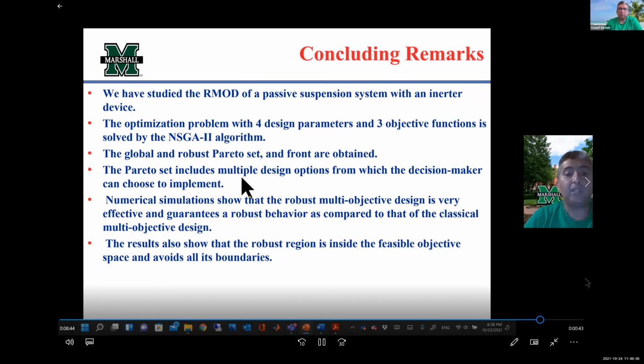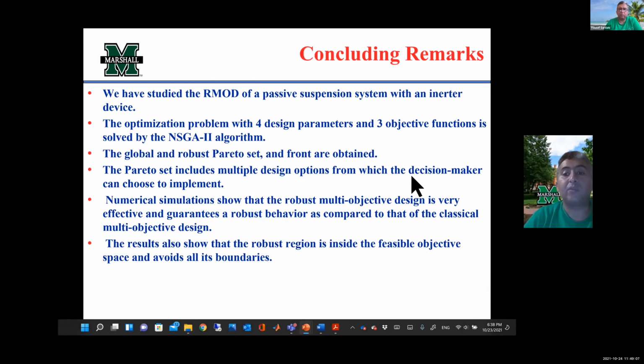The Pareto set includes multiple design options from which the decision maker can choose to implement. Numerical solutions show that the robust multi-objective design is very effective and guarantees a robust behavior as compared to that of the classical multi-objective design. The results also show that the robust region is inside the feasible objective space and avoids all of its boundaries.